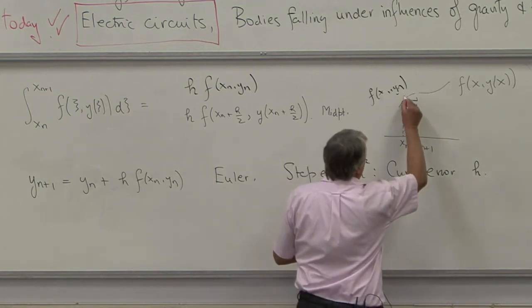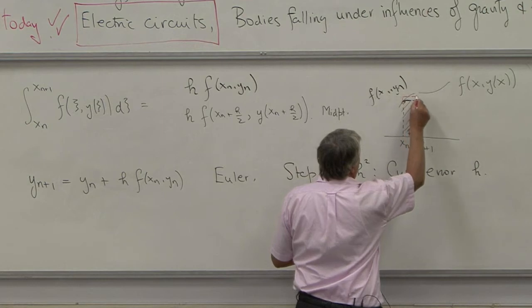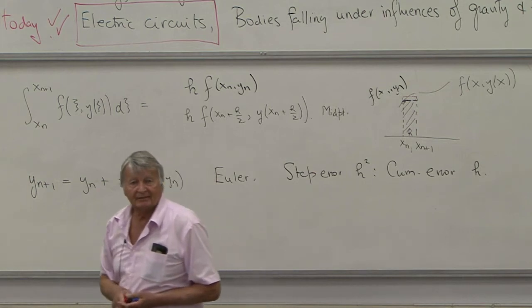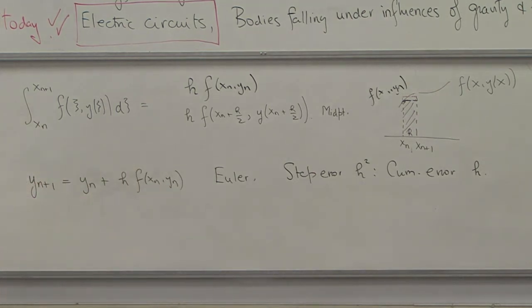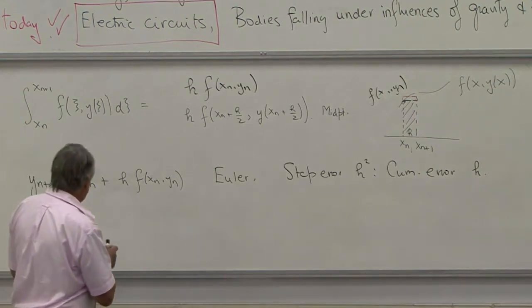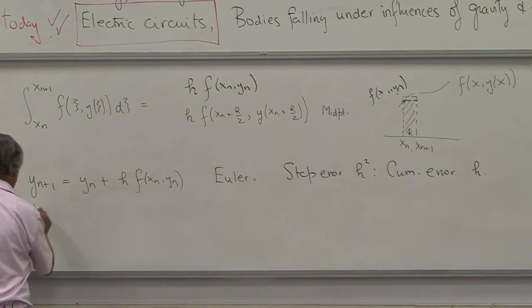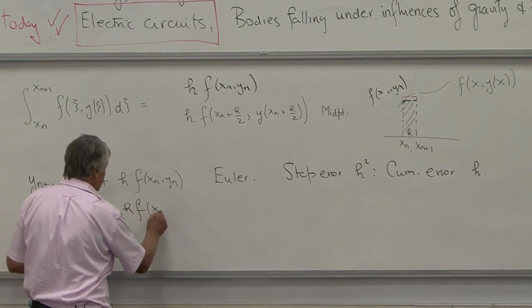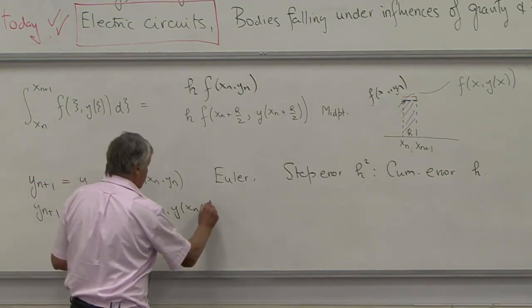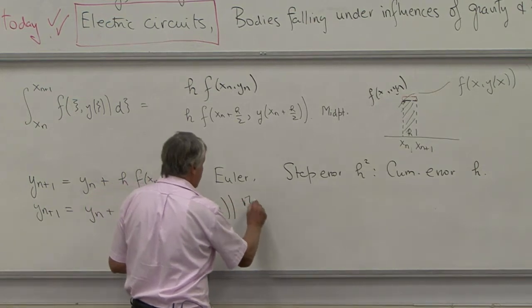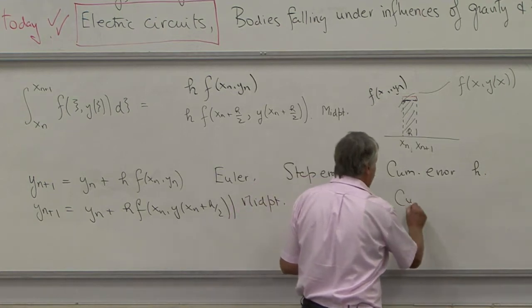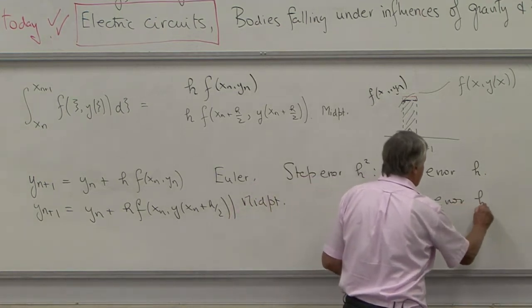If you did that, actually, then it's like taking this triangle. What would be the error then, actually? The error per step. Actually, it's a little bit harder to see. So for midpoint, the step error is h cubed, and the cumulative error is h squared.